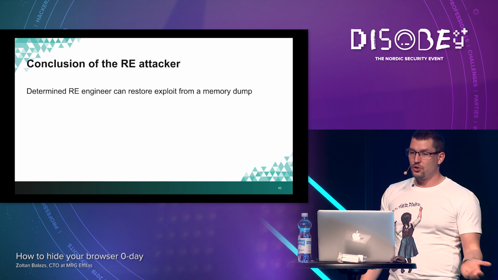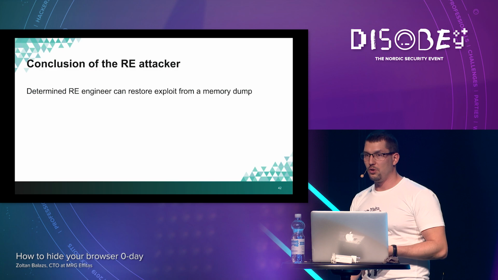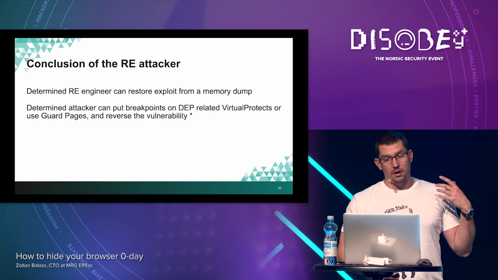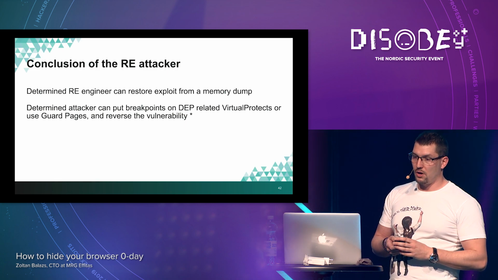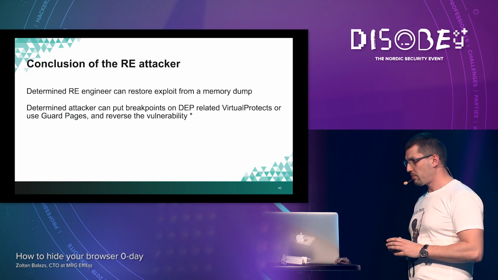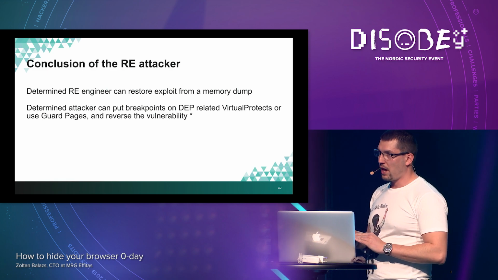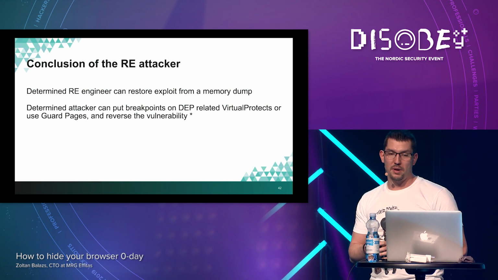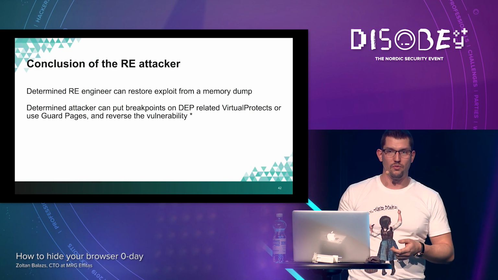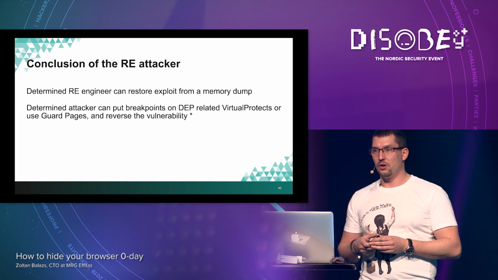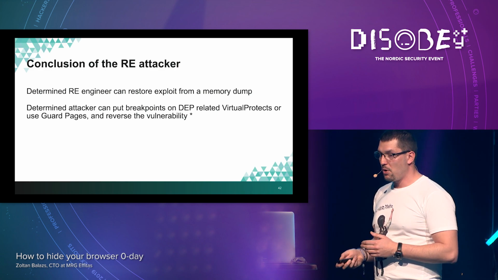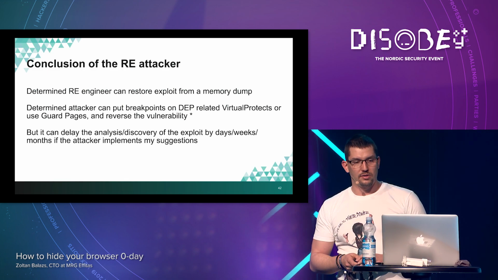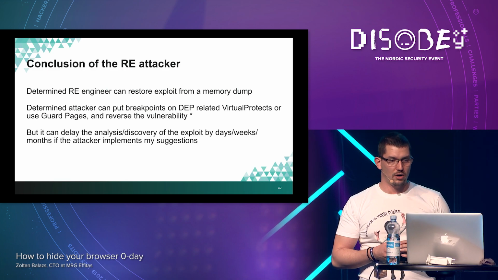A reverse engineer can surely restore the exploit code from a memory dump, but that can take a lot of time. On Windows, you can put breakpoints on typical exploit functions, like whenever someone tries to bypass DEP, then they might use, for example, VirtualProtect. So you might try to put a breakpoint there or use some guard pages. But again, this is getting harder and harder.